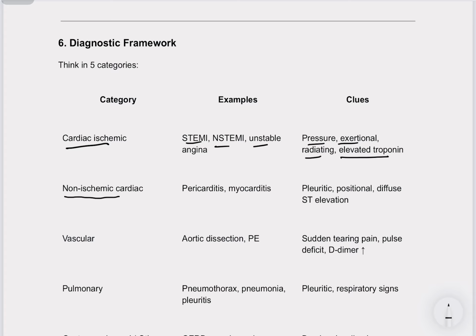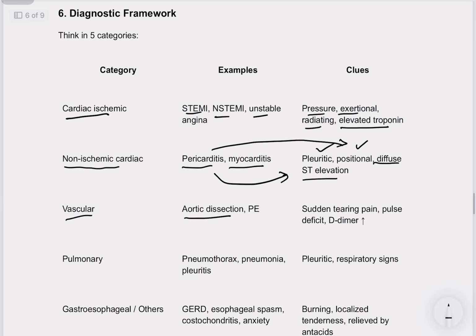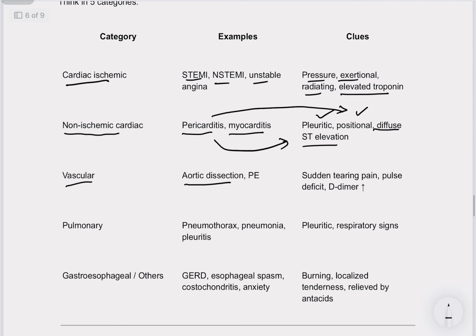If we suspect non-ischemic cardiac pain, like pericarditis or myocarditis, it is pleuritic chest pain which is positional. Pericarditis pain will relieve with leaning forward, and there is diffuse ST elevation. In vascular pain like aortic dissection, there is central, sudden, tearing chest pain that is radiating to the back.